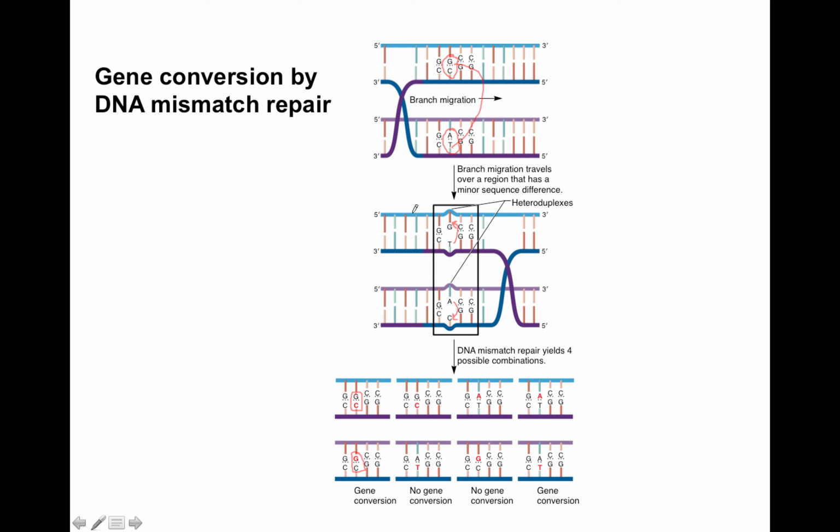So we've converted, in this case, both alleles to the GC. We could also convert both alleles to the AT base pair. There's also a possibility that we just simply restore the allelic variation that we saw in the beginning, and that one chromosome has the GC base pair and the other one has the AT.